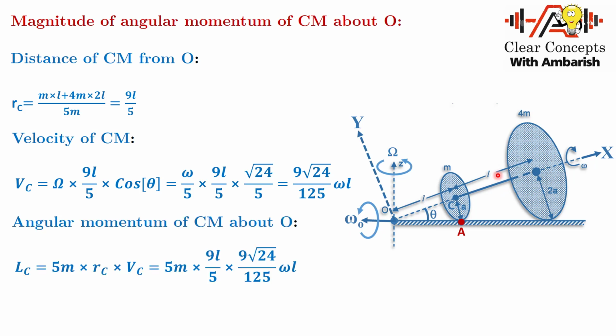The angular momentum of the center of mass about O is 5m into RCM into VCM, that is 5m into 9L by 5 into 9 root 24 upon 125, which we found here, into omega L. This comes out to be 162 upon 125 root 6 ml square omega, and this is not what option B says. Therefore option B is also incorrect.